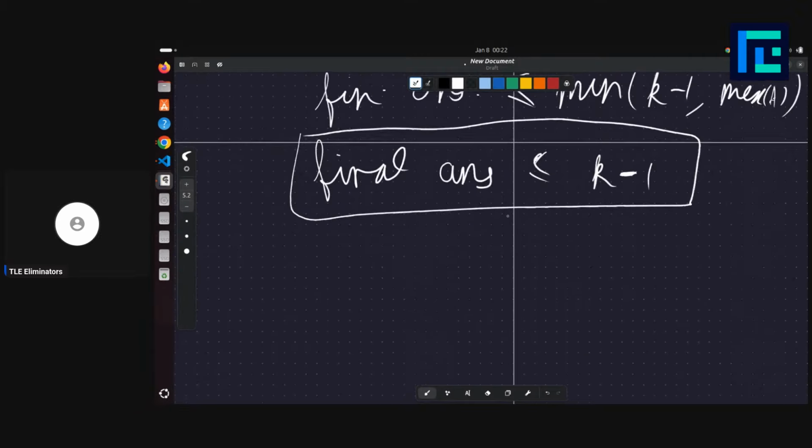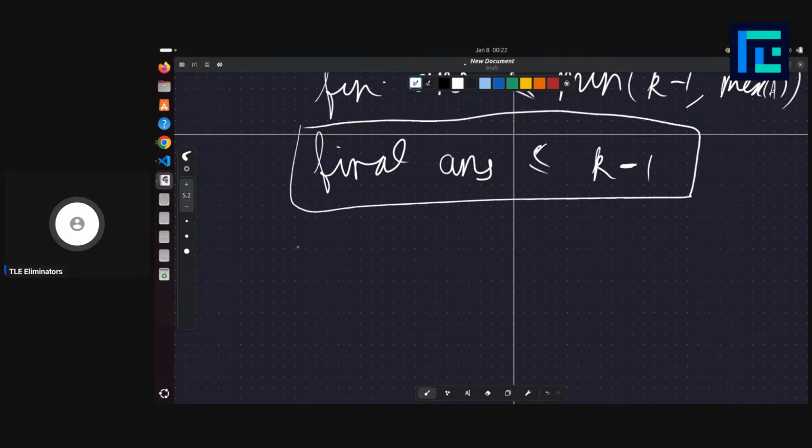I want to ensure that the final answer is less than or equal to k minus 1. Now I can give you the examples.